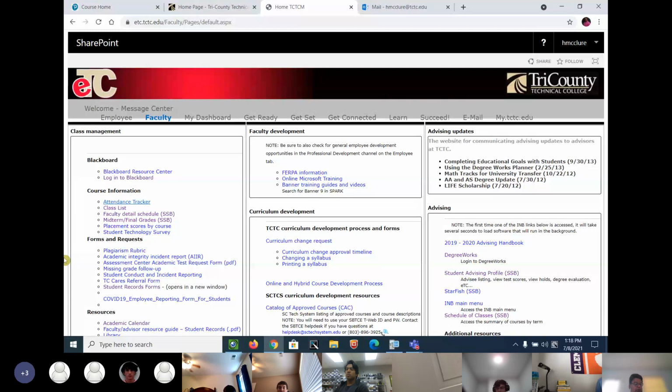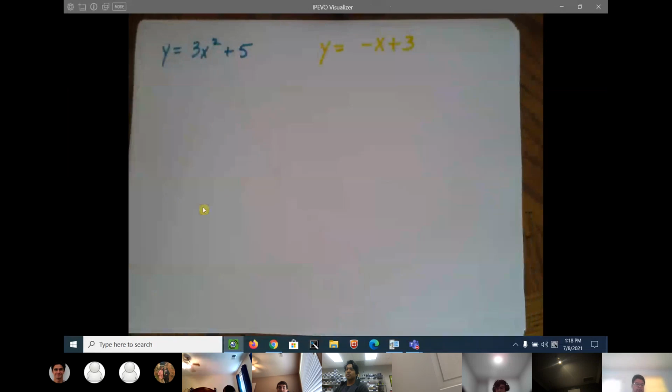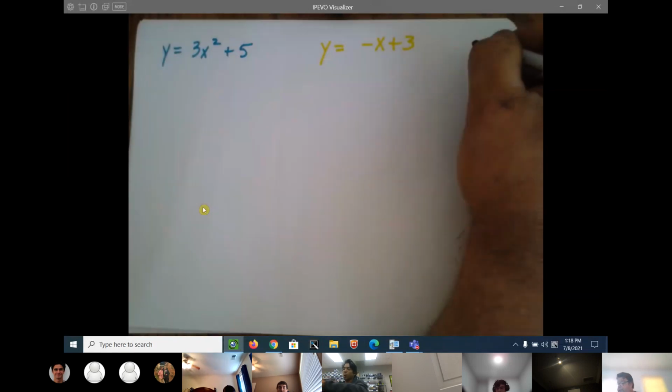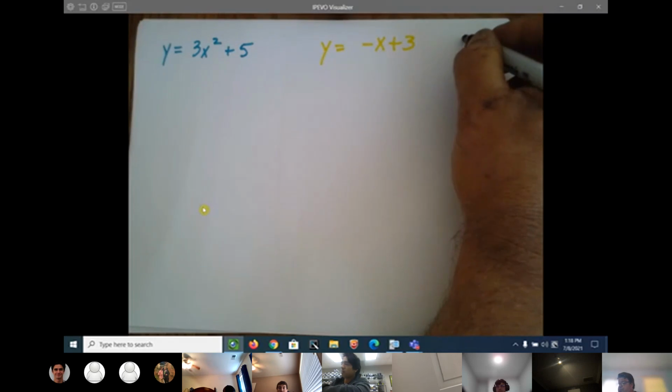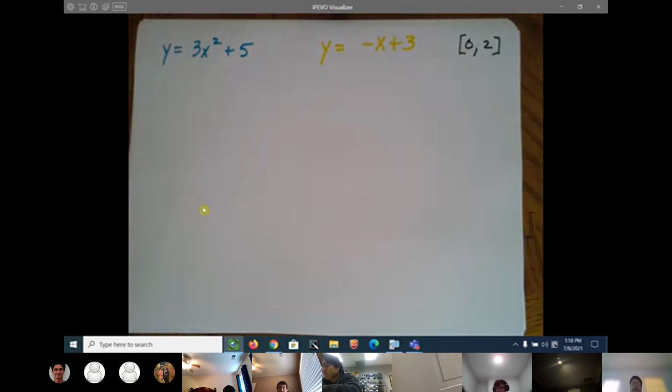And the yellow is going to be y is equal to negative x plus 3. And we're going from 0 to 2. I'm giving you the lower limit and the upper limit. All right, go to it.